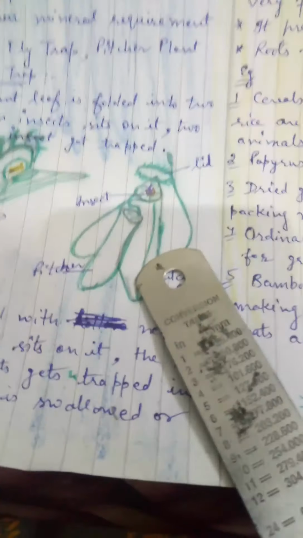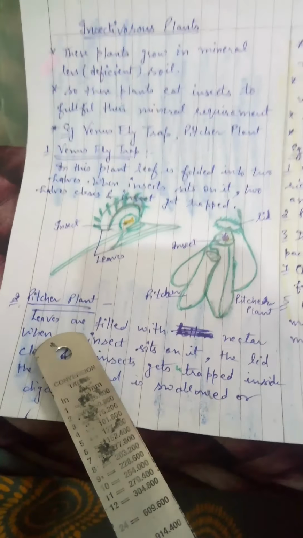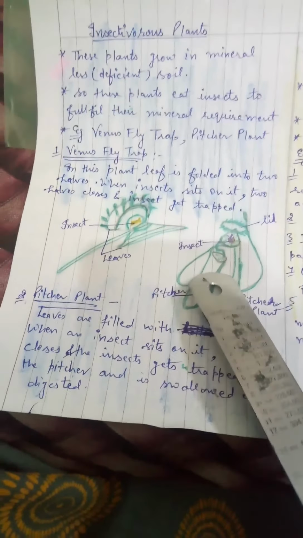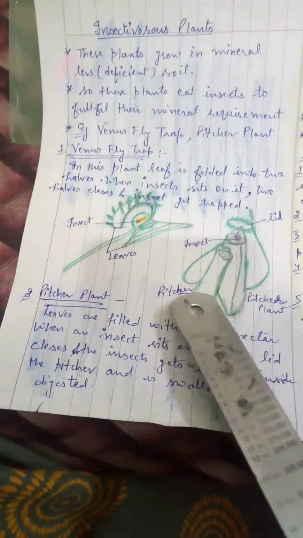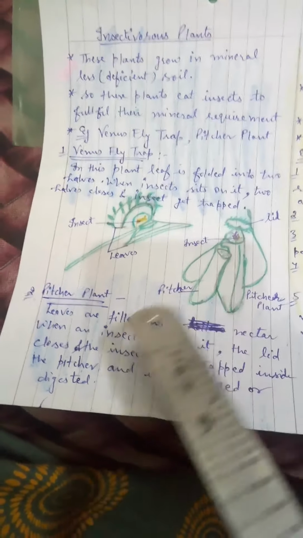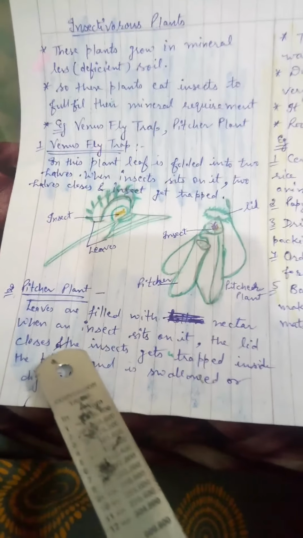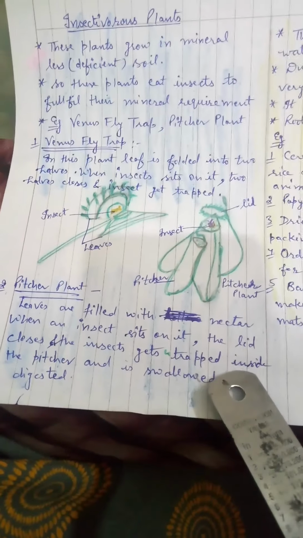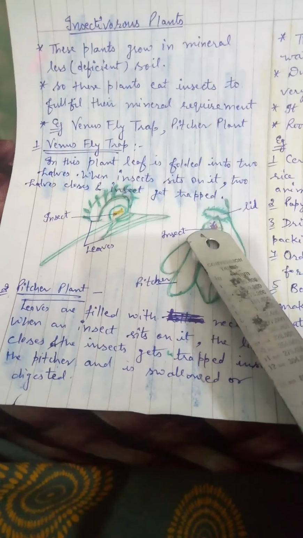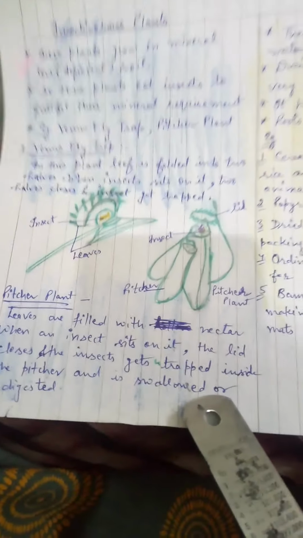Now we come to the second category, that is the pitcher plant. You can see here the pitcher plant. Leaves are filled with nectar. Here you can see this pitcher, it is filled with nectar. When an insect sits on it, the lid closes and the insect gets trapped inside the pitcher and is swallowed or digested.